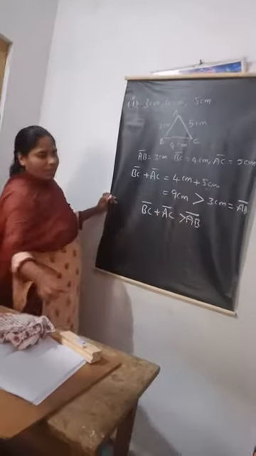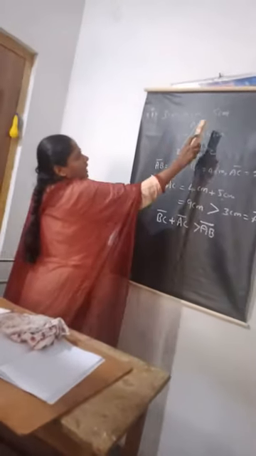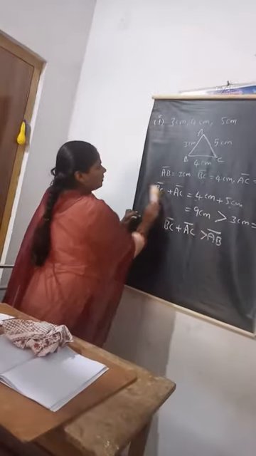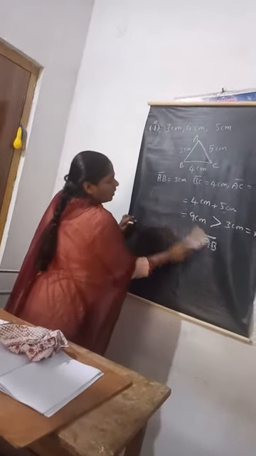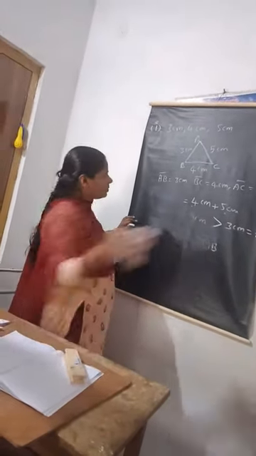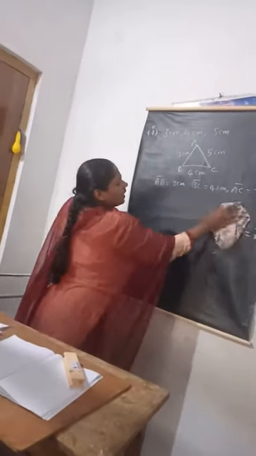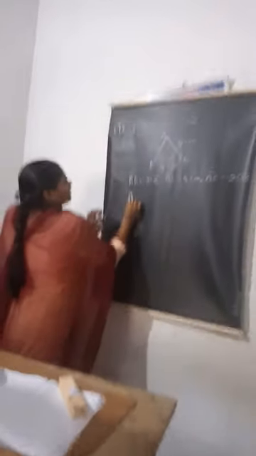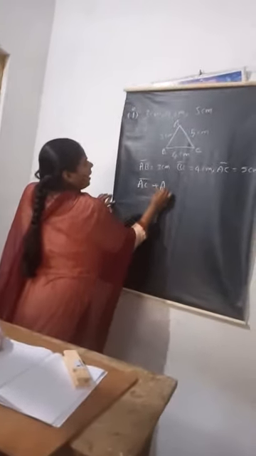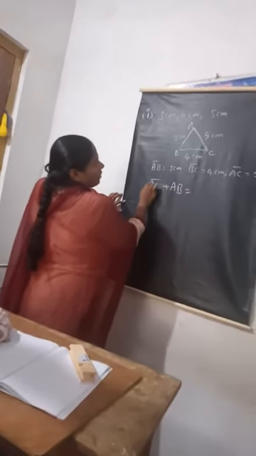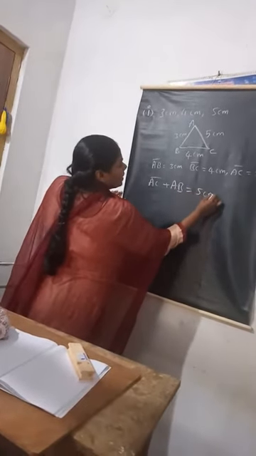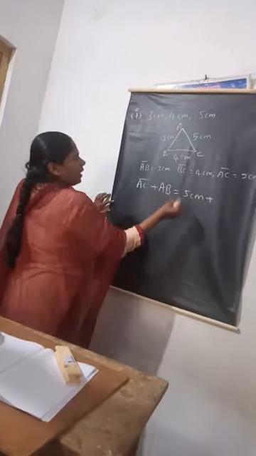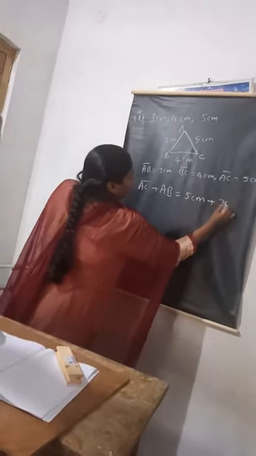Next, the two sides AC and AB. AC plus AB. The measure of AC is 5 centimeters plus the measure of AB, 3 centimeters.